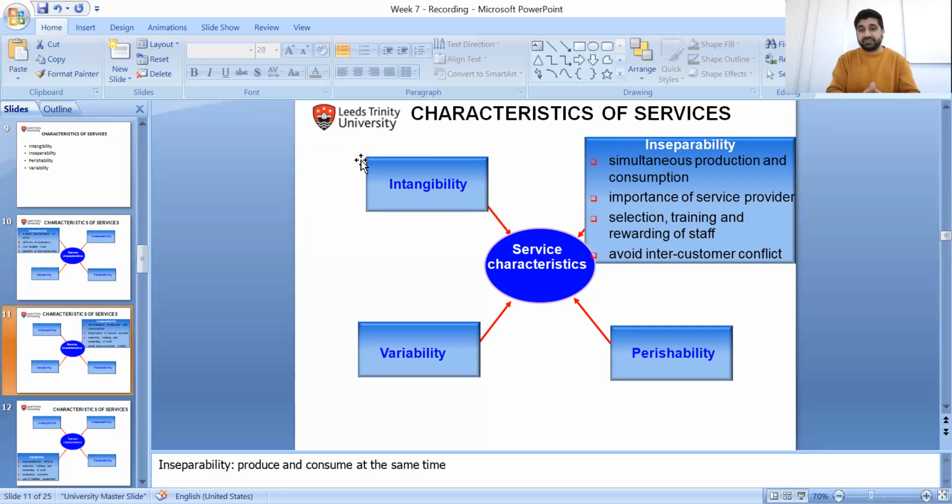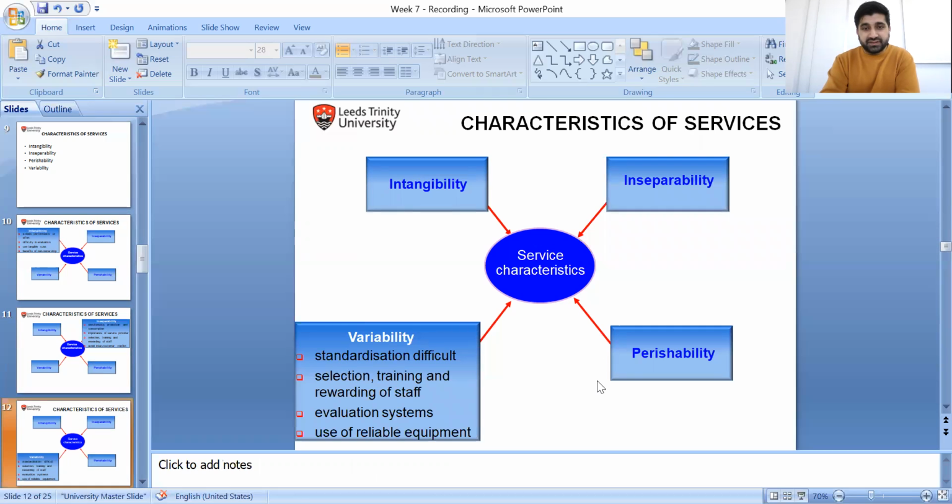As I said, we have to provide either complete training or no training. So this is another characteristic of services, inseparability. Avoid inter-customer conflict: we should avoid this in services.